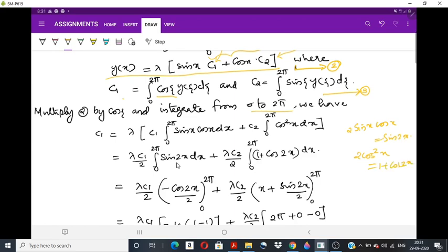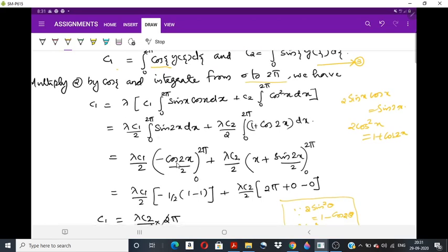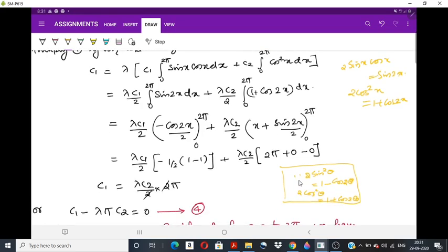So cos square x can be written as 1 by 2 into 1 plus cos 2x. Then integrating, we know the integral of sin 2x is minus cos 2x by 2, and the integral of 1 plus cos 2x is x plus sin 2x by 2.